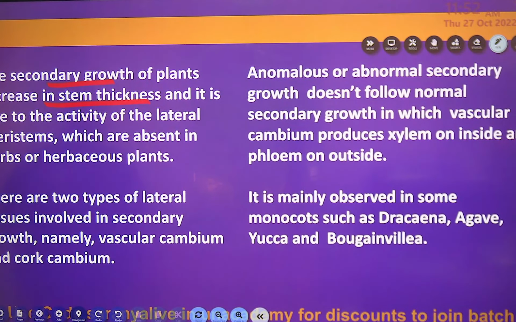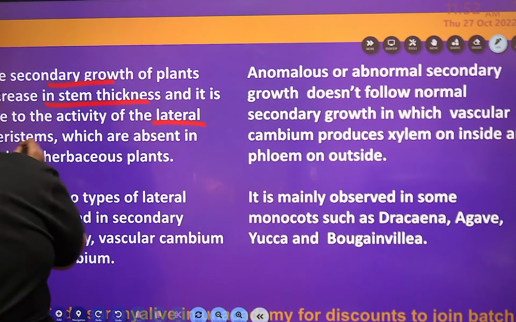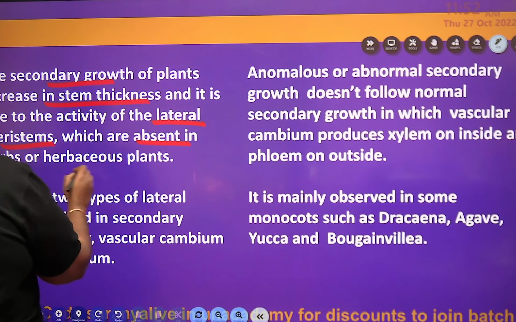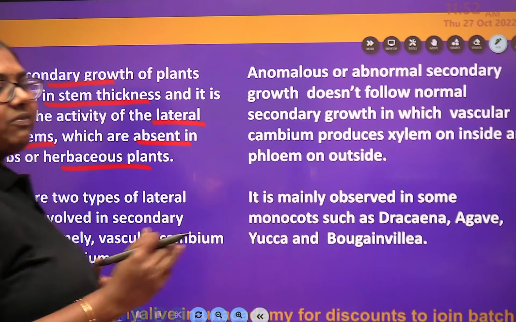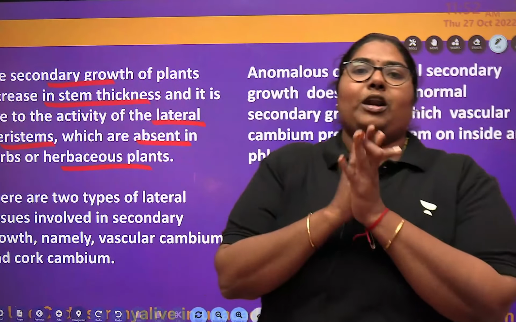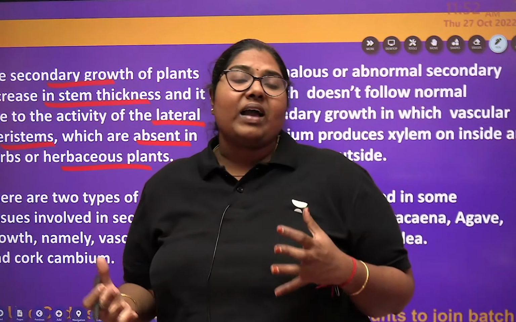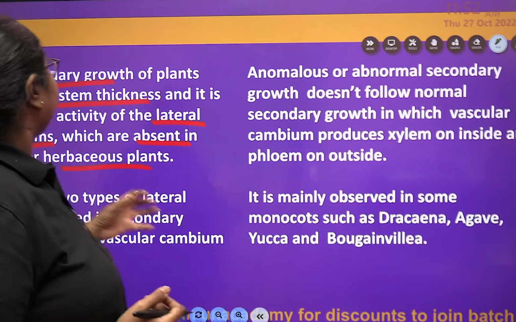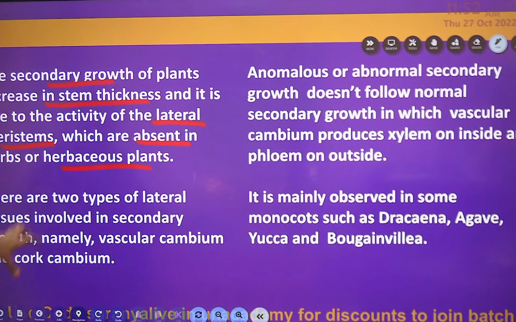This is basically due to the lateral meristem, and it is going to be absent in herbaceous plants. If it is your normal hibiscus or your normal rose plant, it is not going to have such a thick stem. So the secondary growth in thickness is absent in herbs.